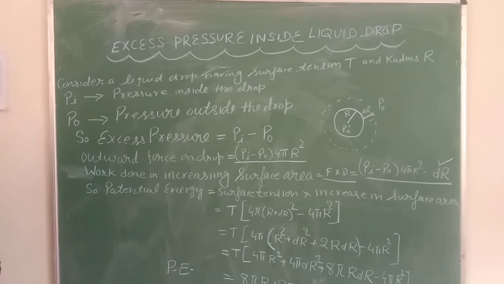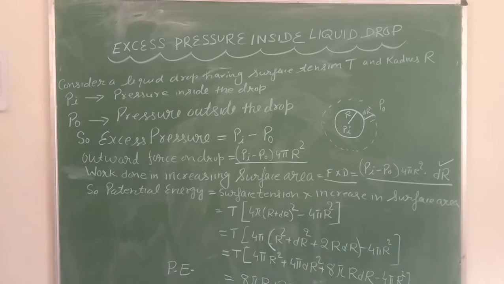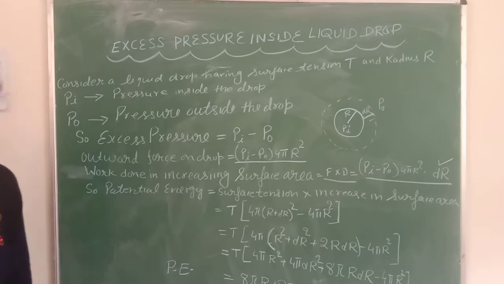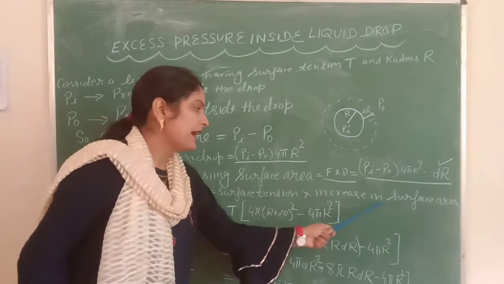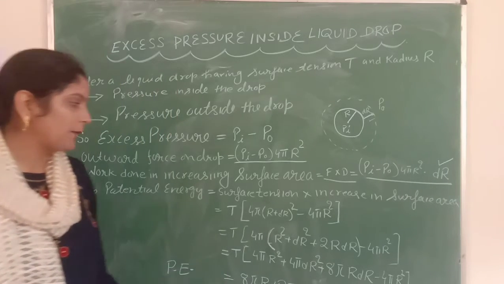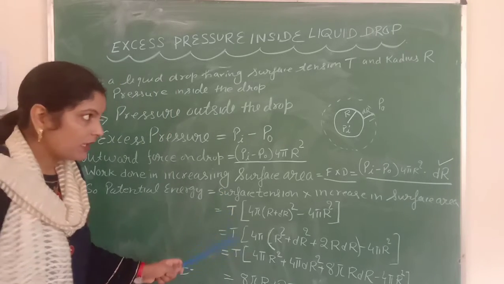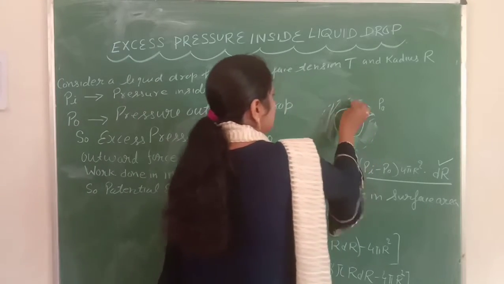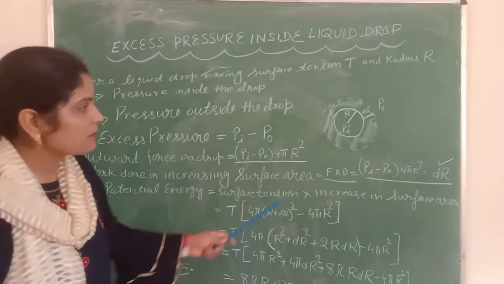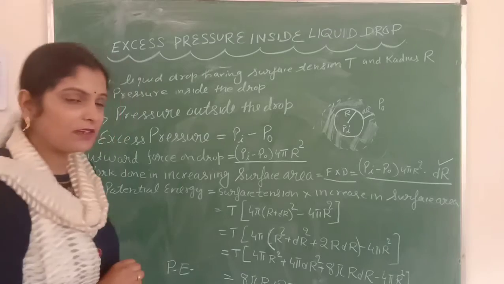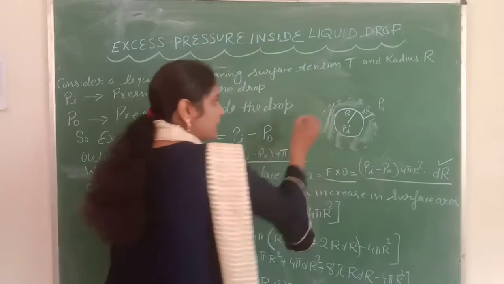Students, now we will calculate potential energy. Potential energy means your surface energy, and you know surface energy is always equal to surface tension multiplied by the increase in surface area, that is, how much the surface area has increased. So surface tension is T. How will you calculate this increased surface area? This is the increased surface area. So in mathematics you have studied, area of outer sphere minus area of inner sphere.